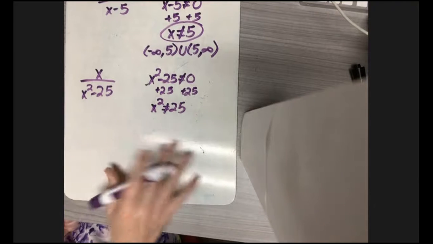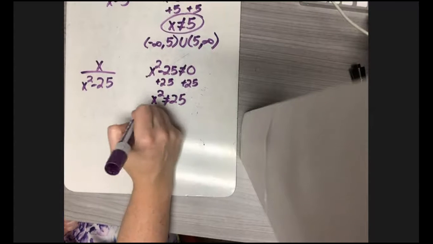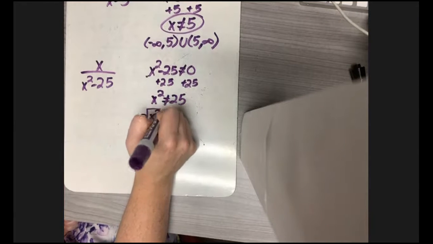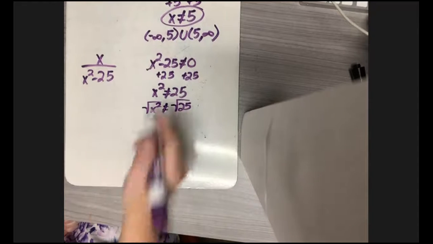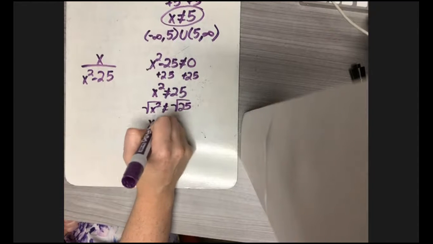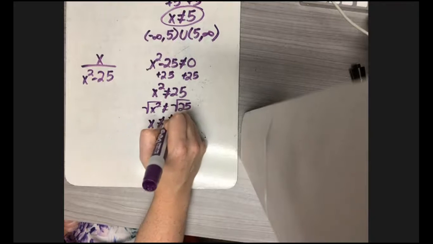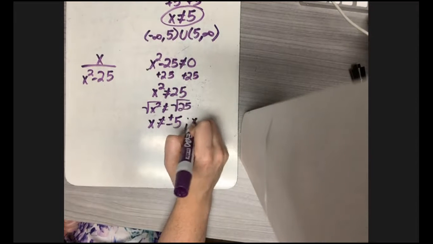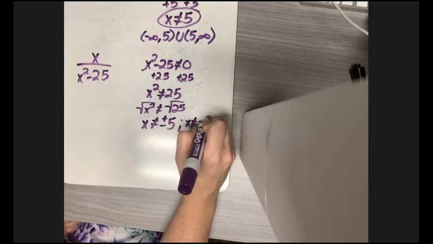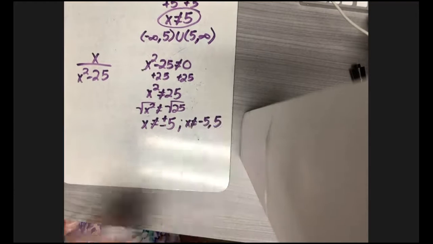I'm going to need to take the square root on both sides. And remember, if we bring in the square root, then we're also going to need to bring in the plus and the minus. So x can't be plus or minus 5. Sometimes you will see this done as x can't be negative 5 or positive 5.